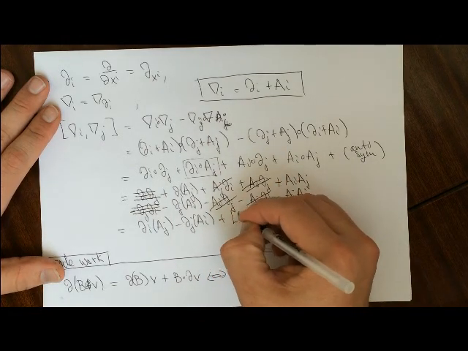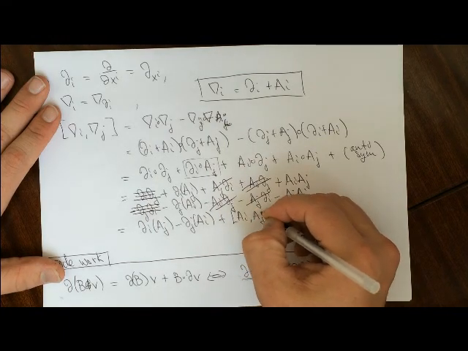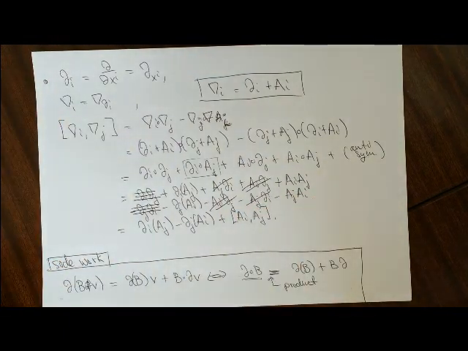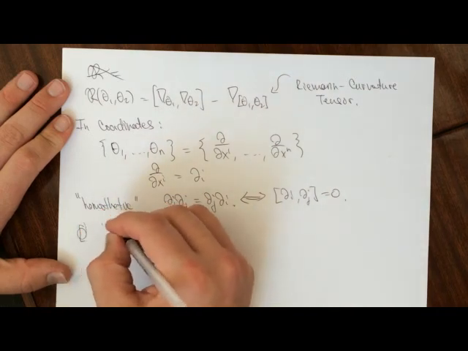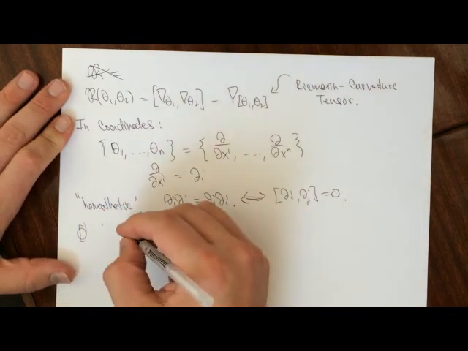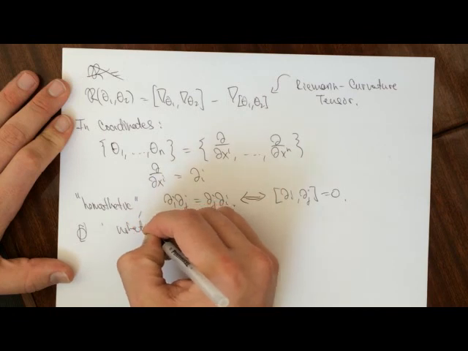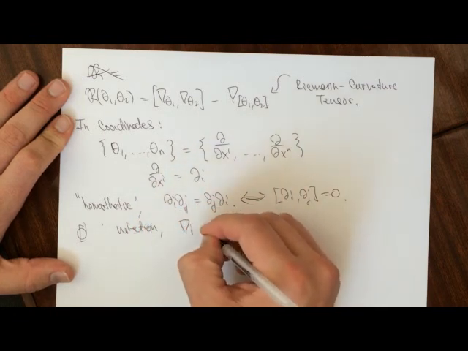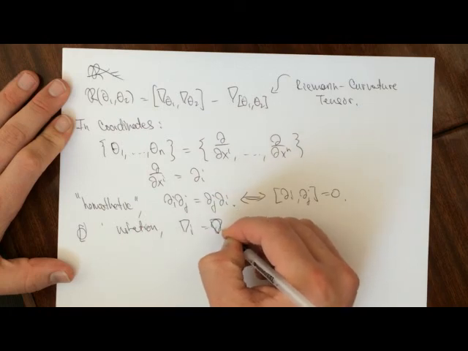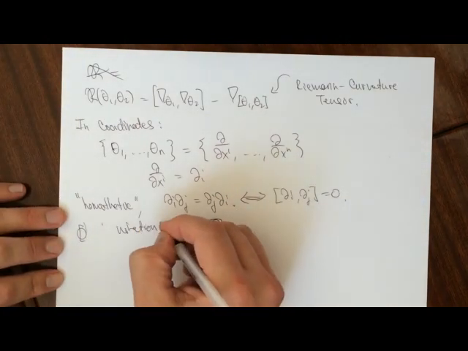And this is the commutator of a_i and a_j. Like so. This part here becomes easy, so let's make some notation again. Nabla_i is going to be this.